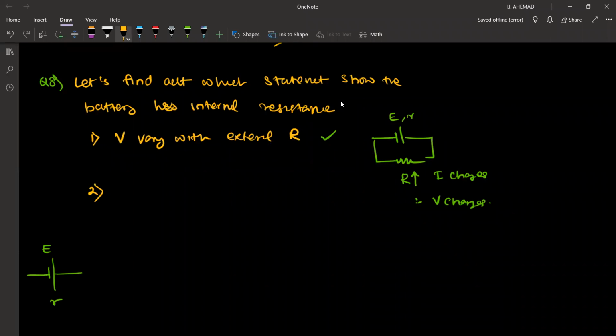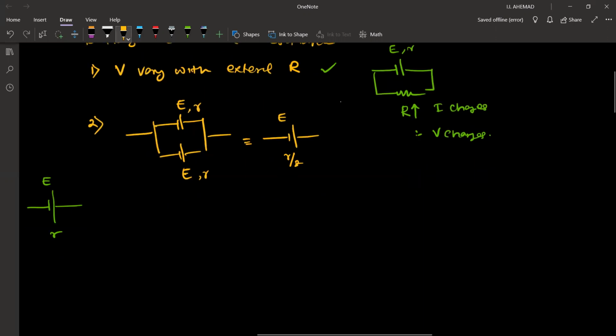Now let's look at statement 2. So statement 2, what can you tell? When we connect similar cells in series, we know that the equivalent will be E over R by 2. So terminal voltage.